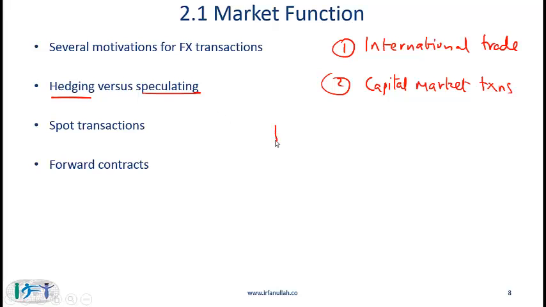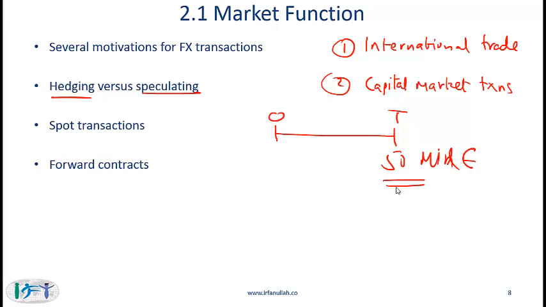For example, if you have an importer who at some point in the future needs 50 million euro. Let's say that our importer is a United States based company and they will need this much money in euro at some point in the future.